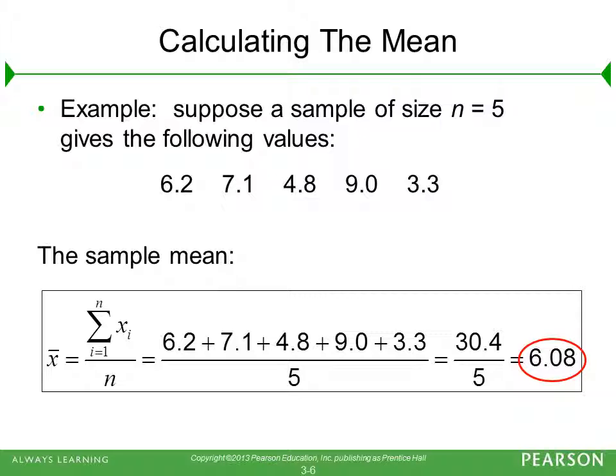And since you have 5 values, you would divide by 5. And you get a mean of 6.08. Supposedly this mean is the center point of the data. We will find out that there are certain problems in making that statement.